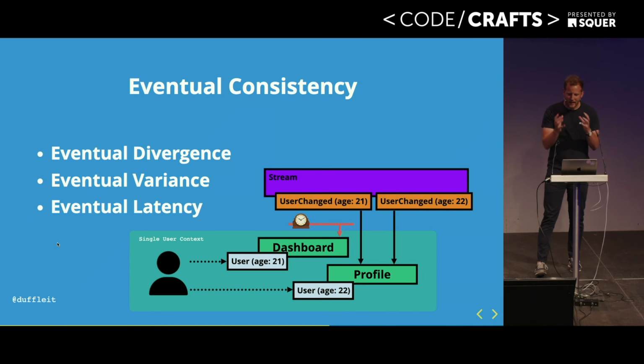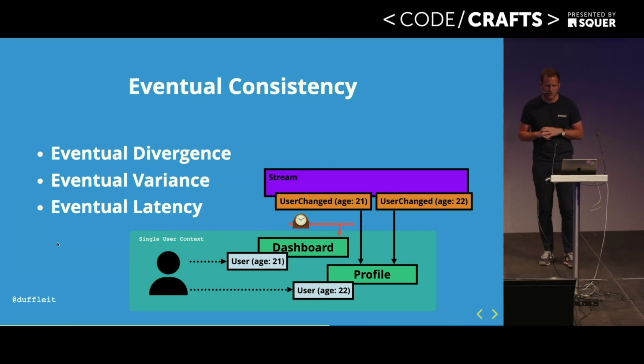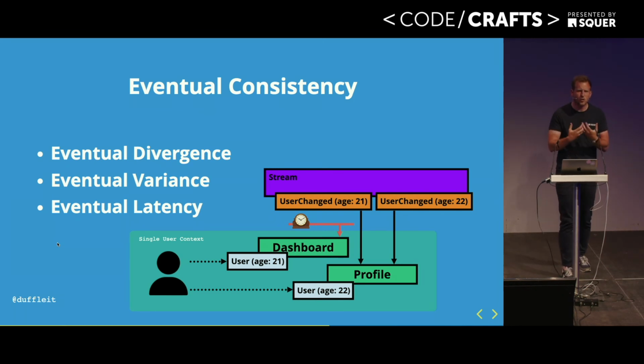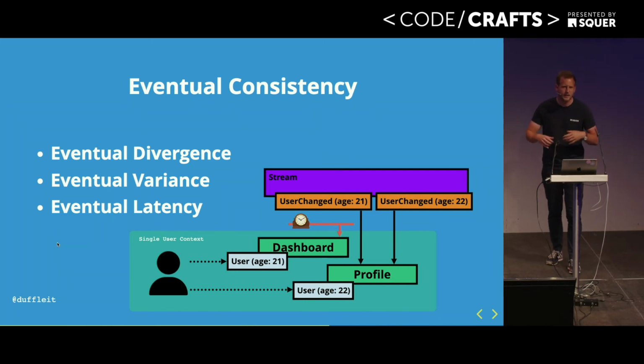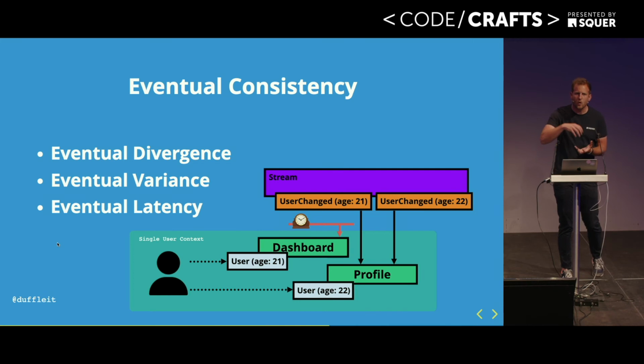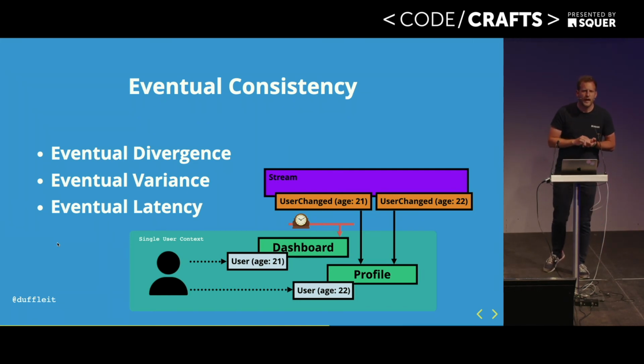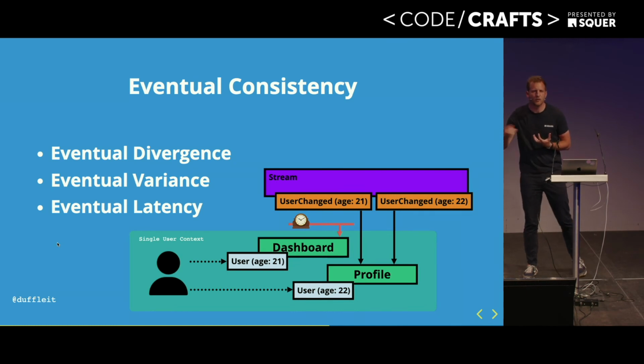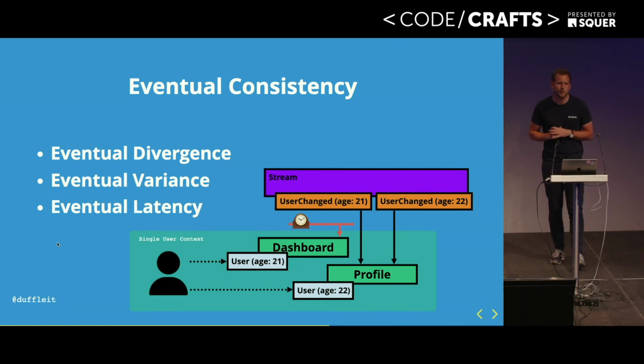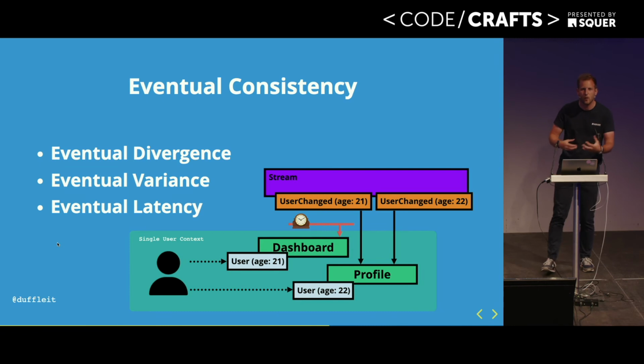So we usually have this problem in single user context, and that's why you usually also need to solve it on the client. We have this perfect idea of optimistic UIs, where you would store locally in a cache that the user changed to 22, and we act as if this command was already performed successfully, and if it didn't perform, we need to roll back.